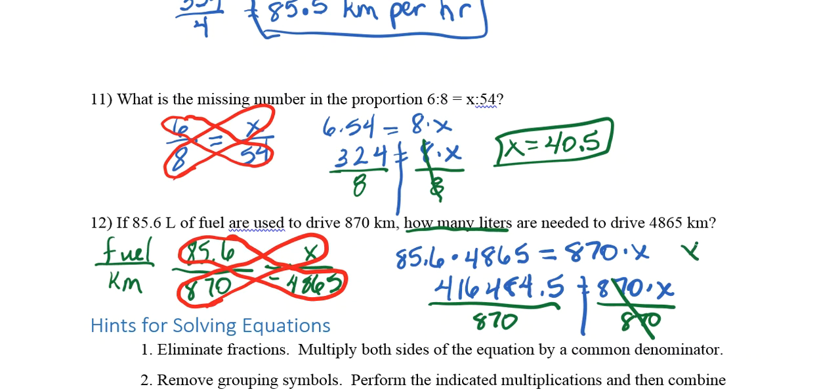So I will need approximately, and I'm going to put the approximate sign because I'm actually going to round this number. If you're looking at your calculator as I'm looking at mine, there's no pattern, it doesn't repeat, and it definitely does not stop. So that's why I'm going to round. And since this went to the nearest tenth, I'm going to go ahead and go to the nearest tenth. So 478.7 liters is approximately what I will need.